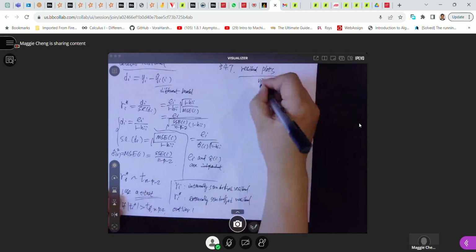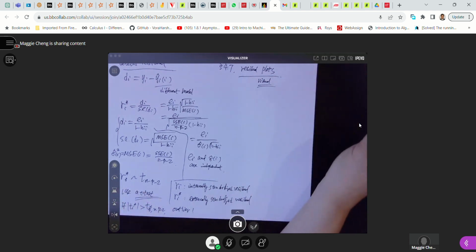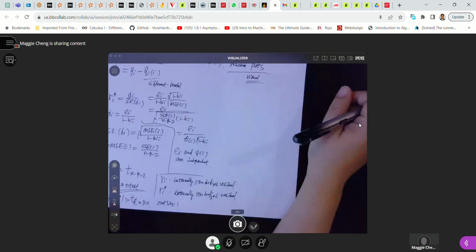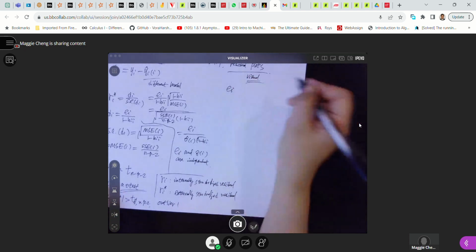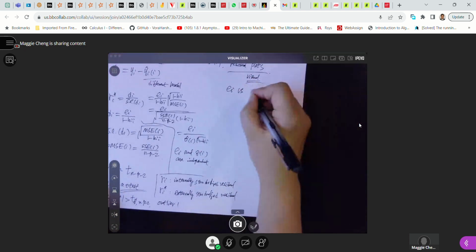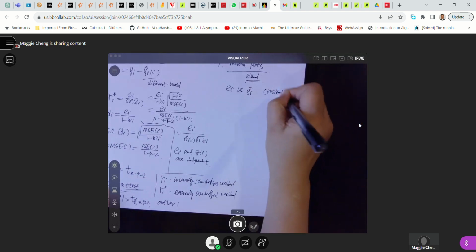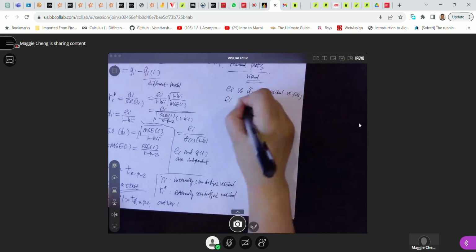All right, so next we talk about using visual inspection to detect what is wrong. So still we have the 4 assumptions. We are going to use the residual e_i versus the fitted value y_i hat. This is called residual versus fit.